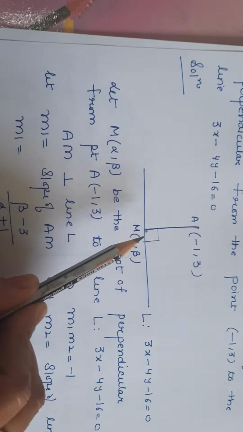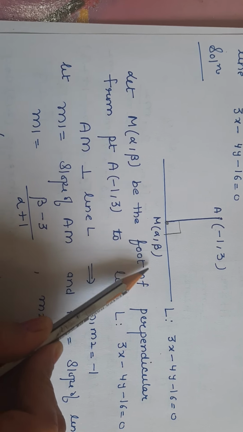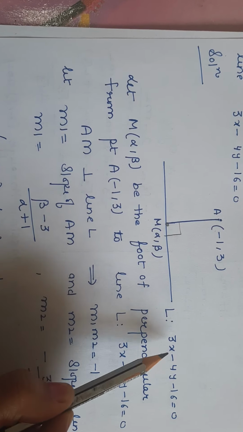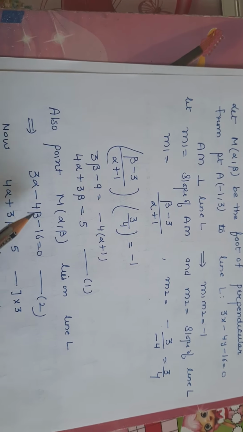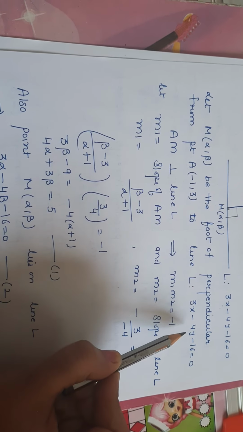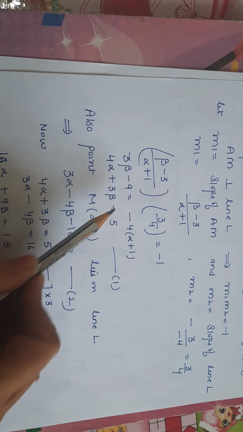The second condition: the point M lies on this line. If this point lies on this line, it will satisfy this equation. This is 3 alpha minus 4 beta minus 16 equal to 0. Now you have these two equations.